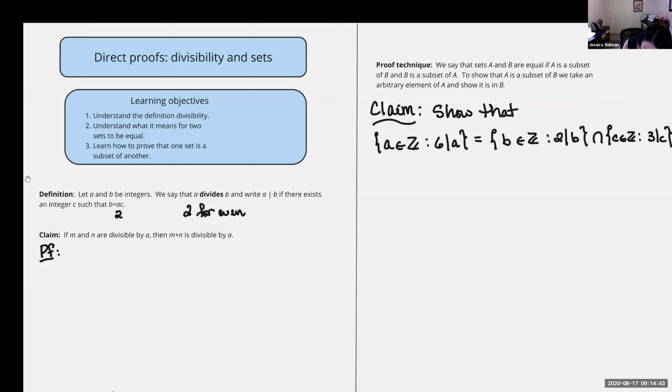I'm going to start by writing down what I know, which is from the definition. So I might start with since, or maybe I'll start with let.